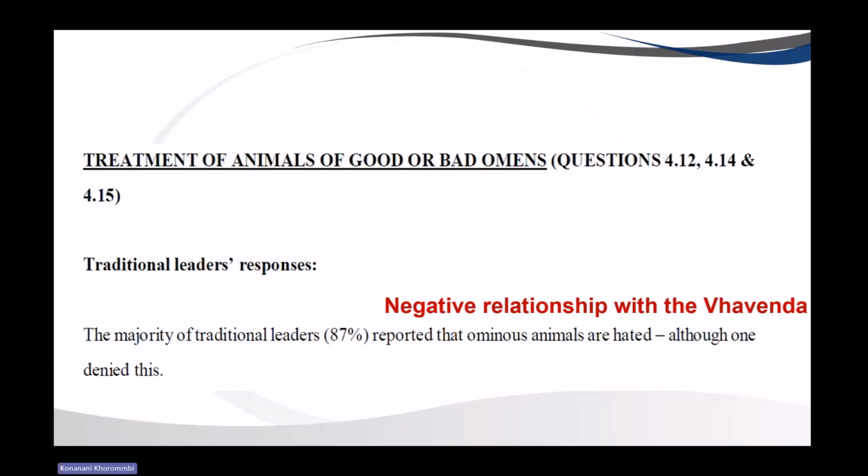And there was just one who denied this. So this statement represents a perception about the negative relationship between the animals or the environment and the Bavenda. So I took it into account, although I did have that hierarchy on Tuesday.